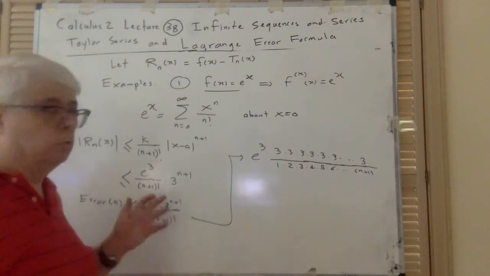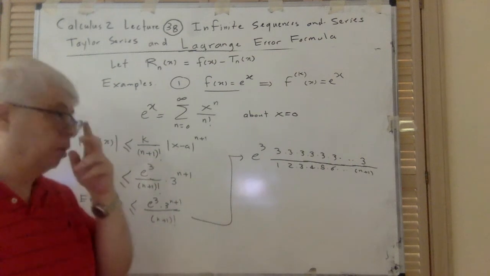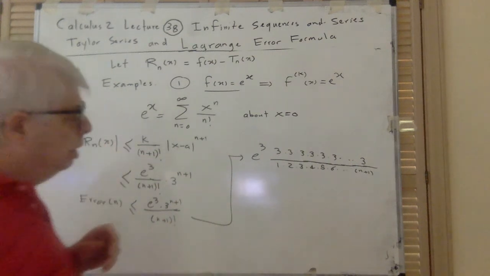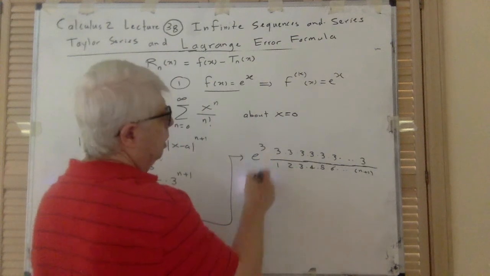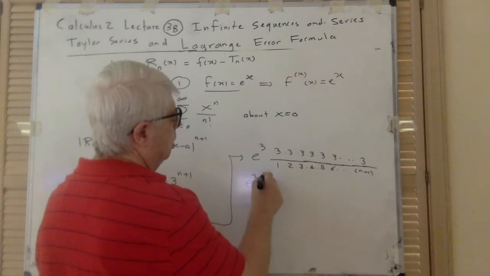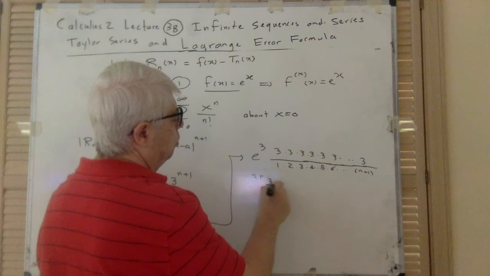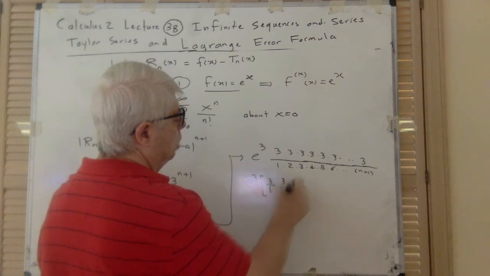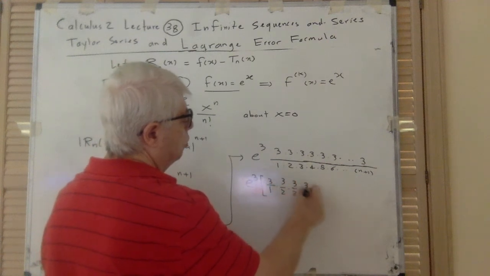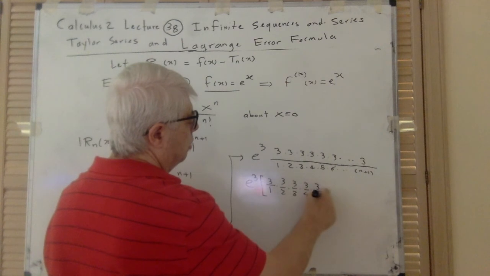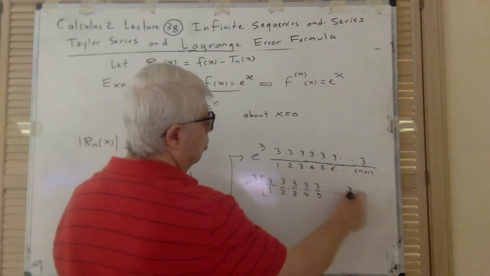So if I write it like this, that is 3 over 1 times 3 over 2 times 3 over 3 times 3 over 4 times 3 over 5, up to 3 over n plus 1.